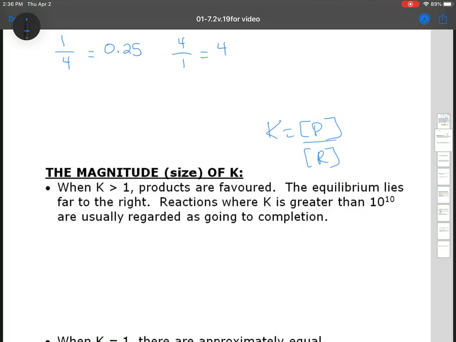When you have a large number in the top of the fraction, you're going to get a large number as your answer. When you have a large number in the bottom of the fraction, you're going to get a small number as your answer. So when K is large, when the ratio of products to reactants is big, then we call that being favored to the right direction.